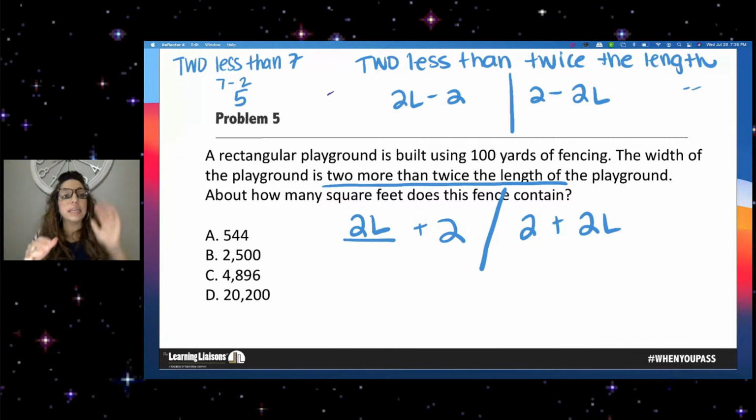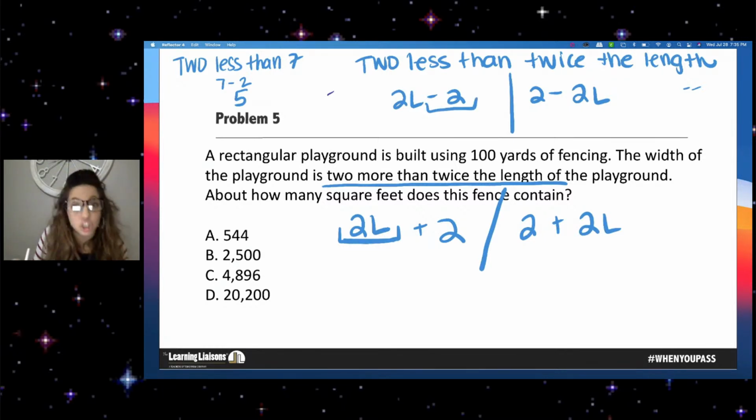So when you see something less than or something more than, what it actually means is something plus 2 or something minus 2. It is not 2 minus something. I hope that makes a little bit of sense and that clears up some confusion on converting algebraic words into expressions.